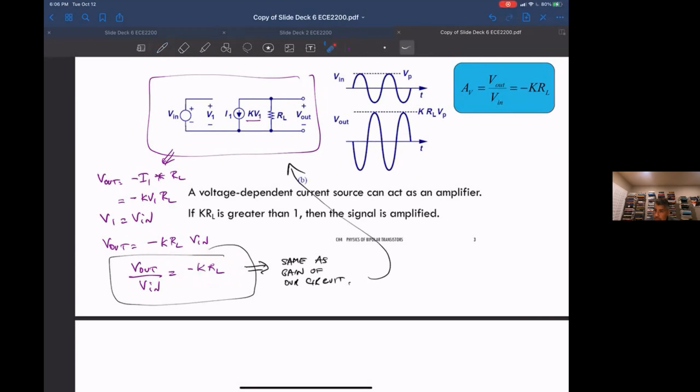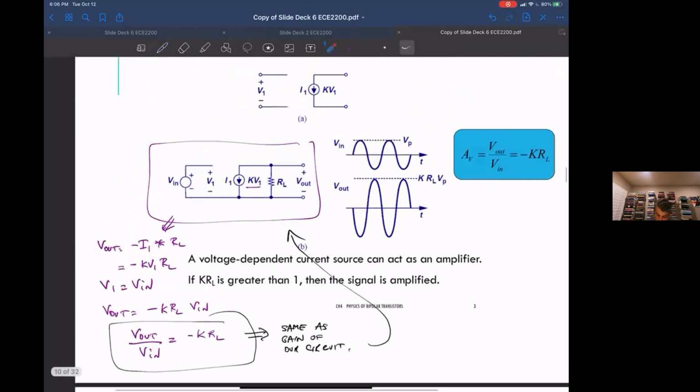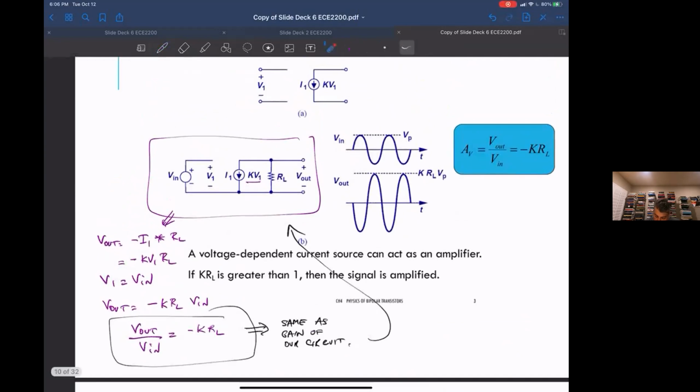So what does that mean? Well, again, if your input is a sine wave, so this is time, this is voltage, with a peak voltage of Vp, your output, because your gain is minus K R sub L, is going to have the inverted polarity from the Vin.